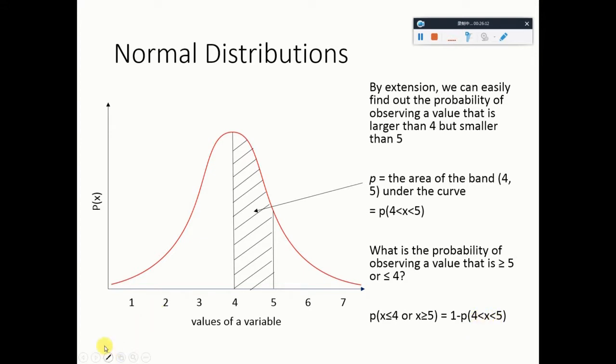So it will be this part, the area under the curve minus the area of this part. Then of course we use subtraction.